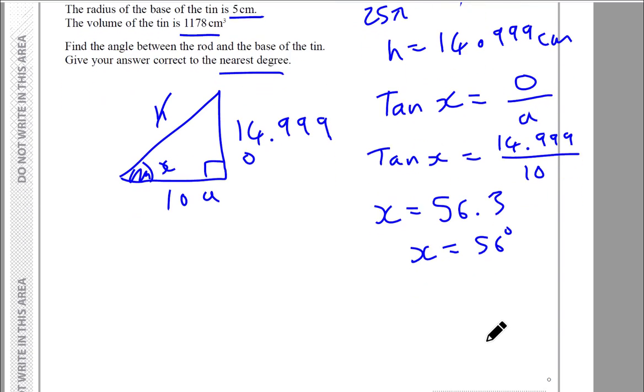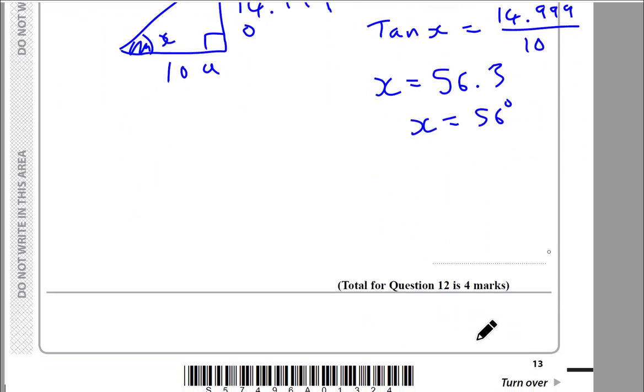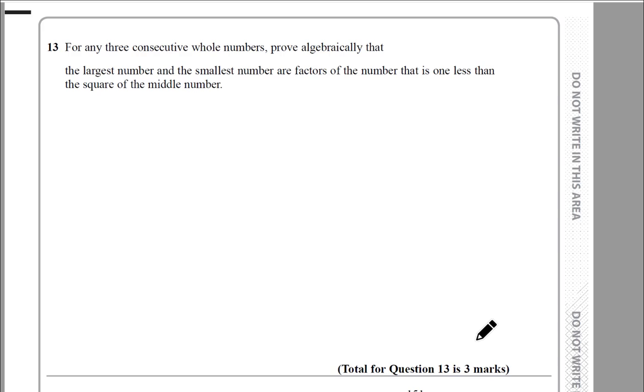That's correct. Oh, nice, 4 marks, but you can do that, break that down.